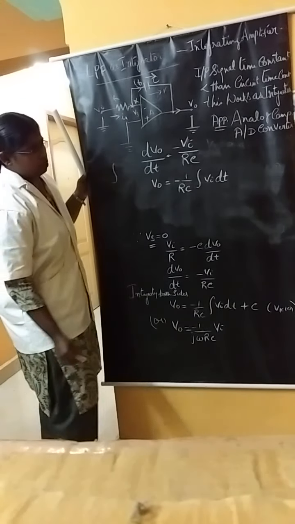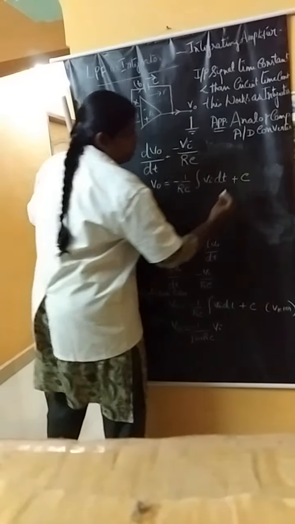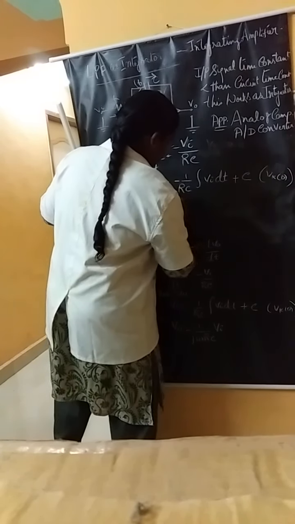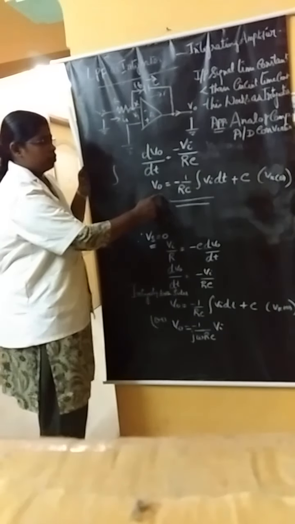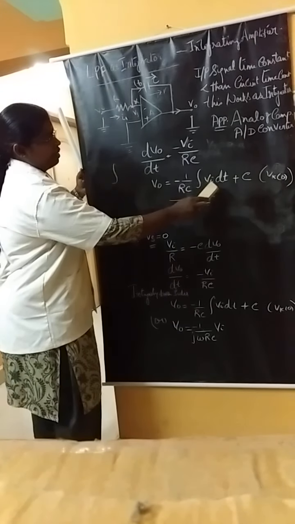This is the solution, plus a constant C. This constant C is the input voltage Vi at 0. We have arrived at the final solution: output voltage V0 equals minus 1 by RC integral Vi dt.